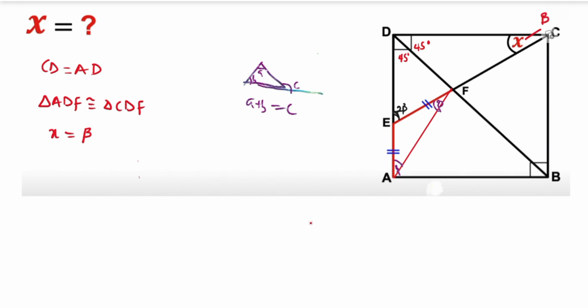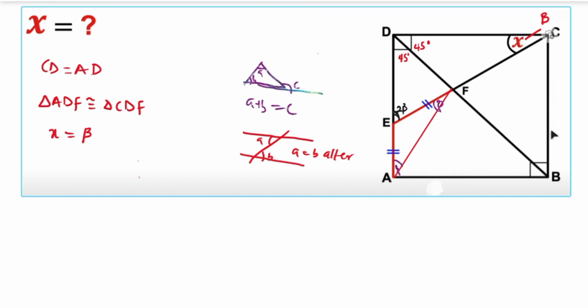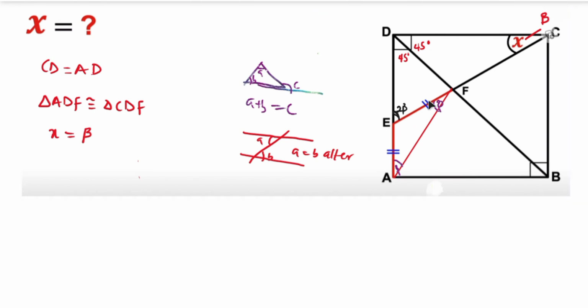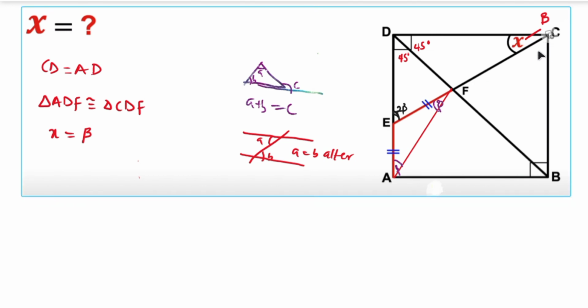Now, after we've established that, don't forget the rule about parallel lines, that if you have A here and B here, then A equals B, which is known as alternate angles. Considering that line AD is parallel to line CB, and we have this line cutting across them, this 2 beta at DEF is alternate to this angle.